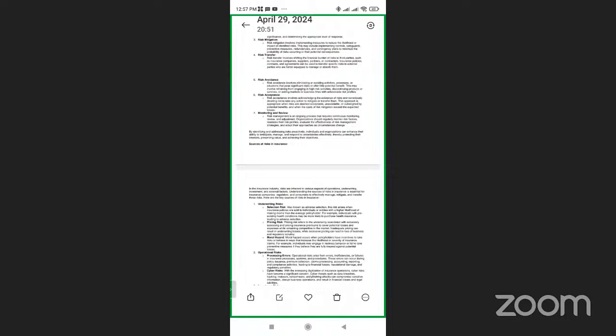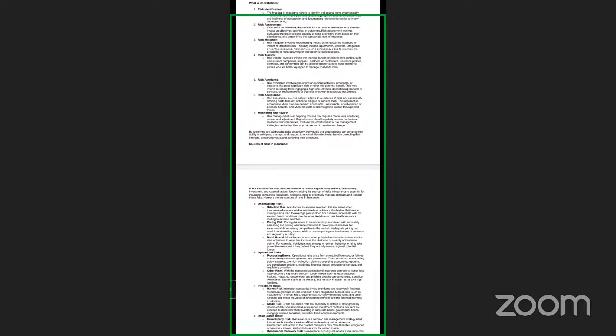Apart from that, the report furnished by the insurance agent or by the insurance development officer also constitutes another source of risk. All these things, which I had already mentioned in the slide, are considered to be the different sources of risk. So in this way, your first unit is being covered.